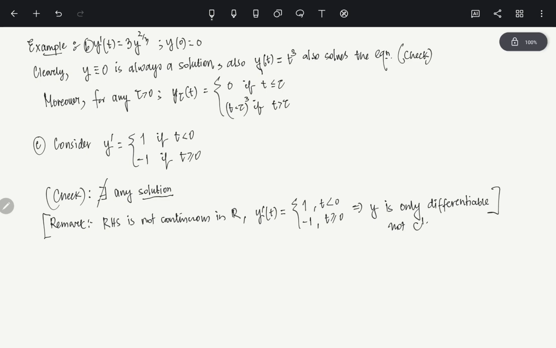Whenever I'm saying that there does not exist any solution, it is a solution in this sense, satisfying y at the point 0 is 0. That sort of solution, if you are looking for, there is no such solution which will be satisfied in this case. Clear? That is what I'm trying to say.